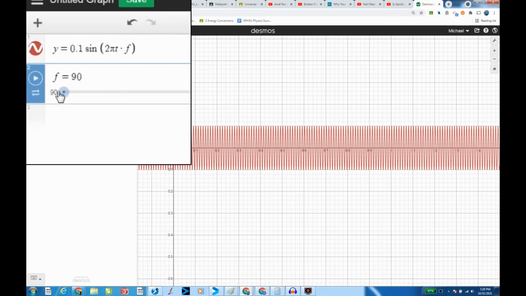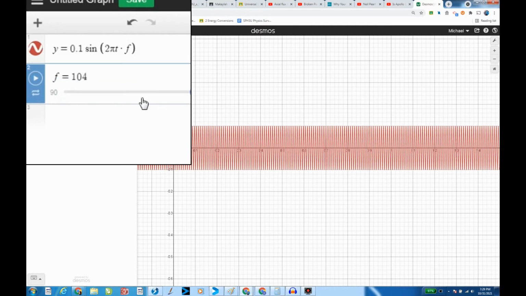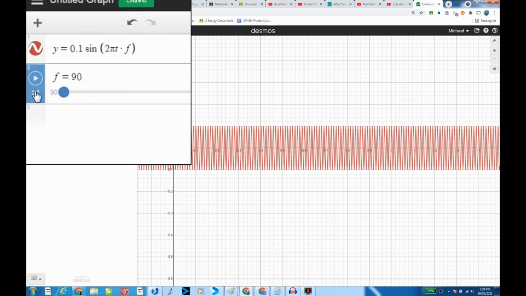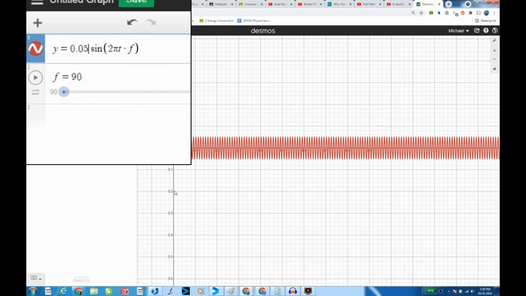So now if we grab the slider, we can compress and stretch the wave in terms of its frequency. But it's still really tall now, so let's shrink it down in height again. That's a little bit better.